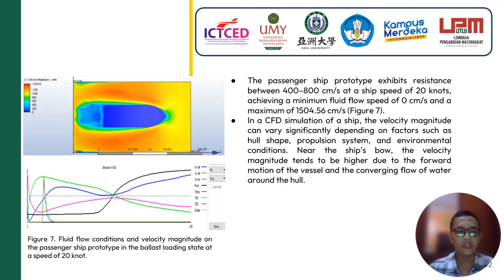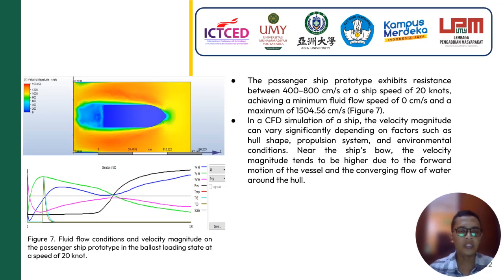And then in figure 7 we can see the variable of speed 20 knots. We get the resistance between 400 and 800 centimeters per second at a ship speed of 20 knots, and achieve a minimum fluid flow speed of 0 and a maximum of 1504.56 centimeters per second.